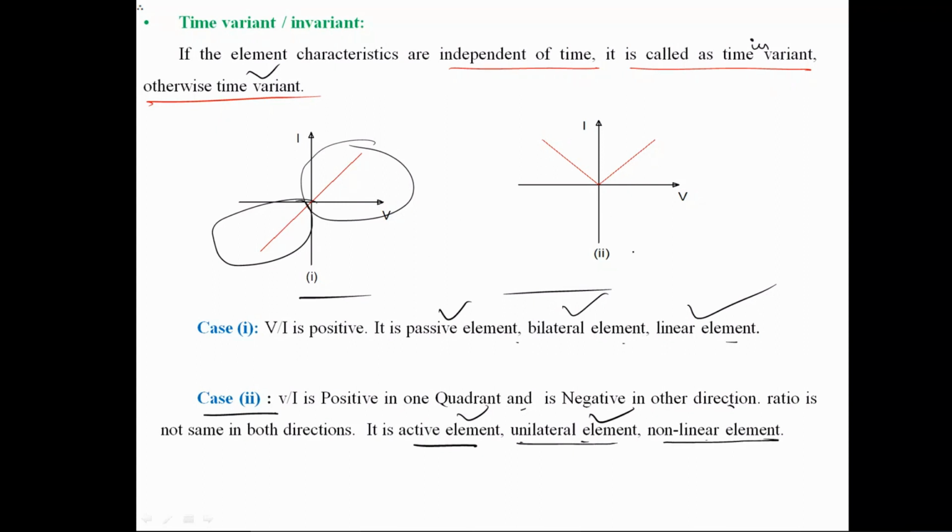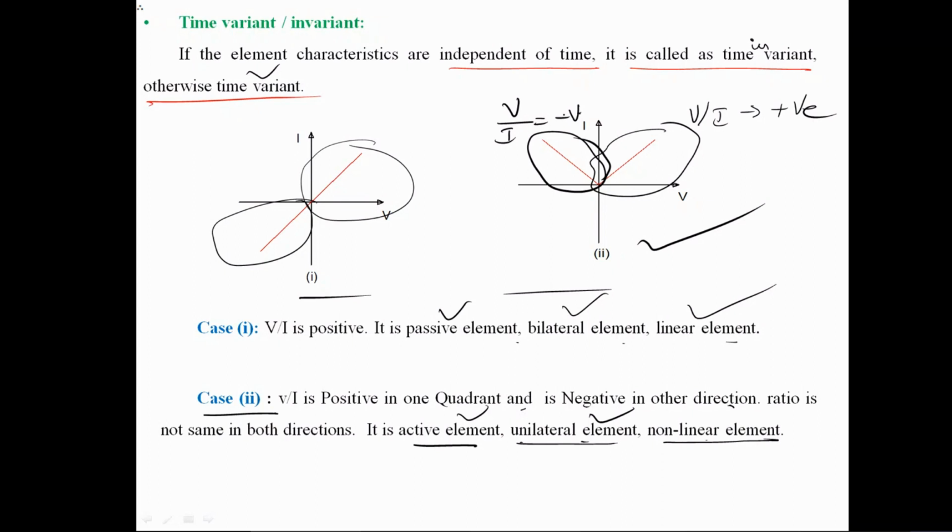See here, during the first quadrant, V by I is positive, whereas here V is negative and I is positive.